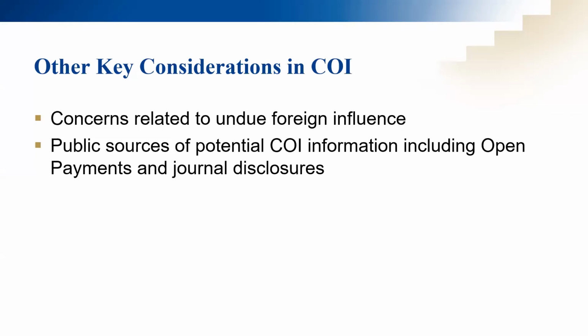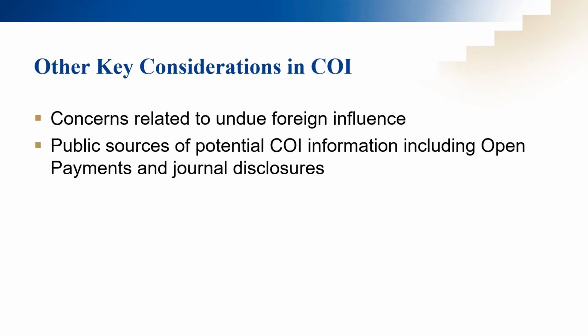A second key consideration is that there are public sources of potential conflict of interest information, an increasing number of sources that institutions would be wise to understand and to take advantage of to ensure that all of the information an institution is collecting about a researcher matches or is aware of those other publicly available sources of information.